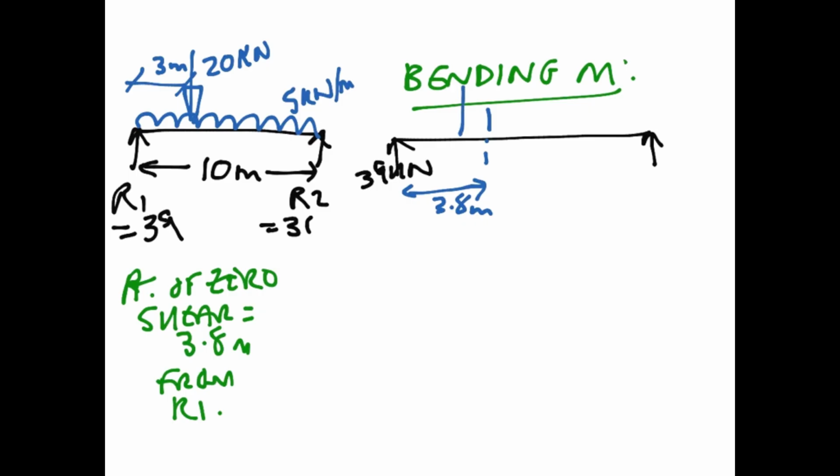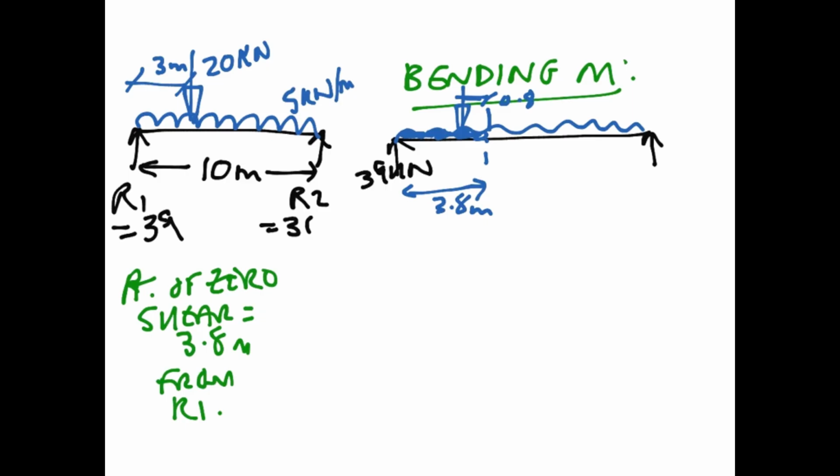We know that we've got a 20 kilonewton point load applied at 0.8 metres from where the maximum moment is. And we also know that we've got a 5 kilonewton per metre UDL, of which this area here is, if you imagine you've got a load of 5 kilonewtons per metre over 3.8 metre length, that with its centroid will be 1.9 metres from our point of zero shear.